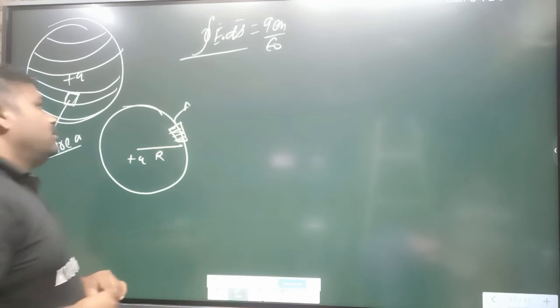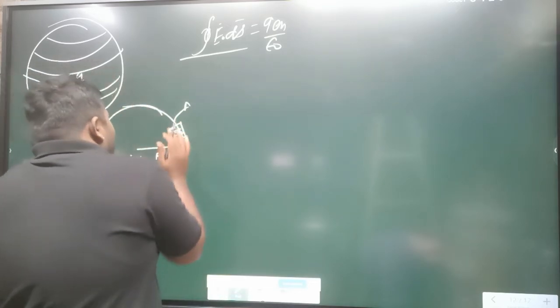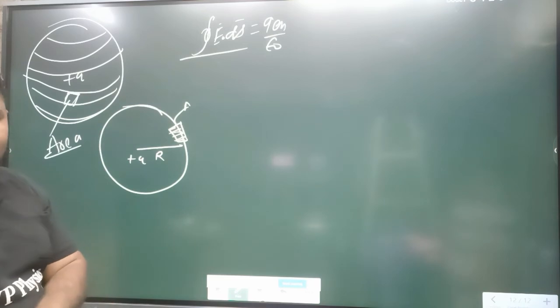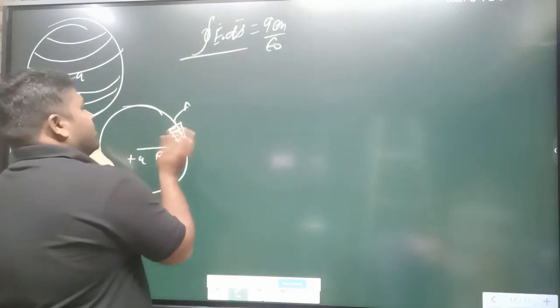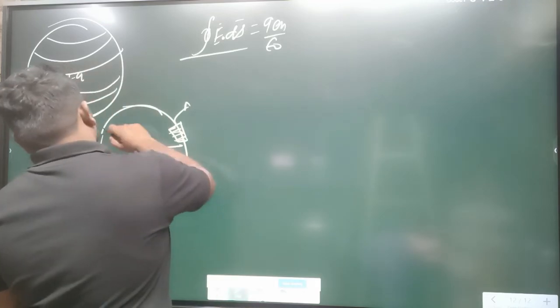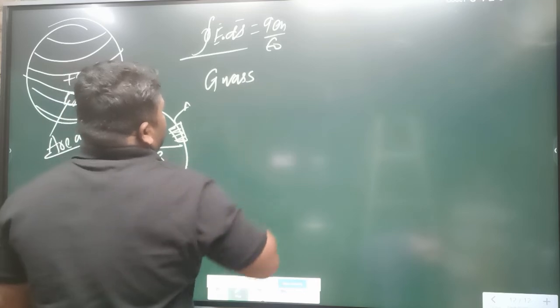Yes or no? Now, see here. Suppose this surface is considered as a Gaussian surface in Gauss law. This surface is known as a Gaussian surface. Yes or no?